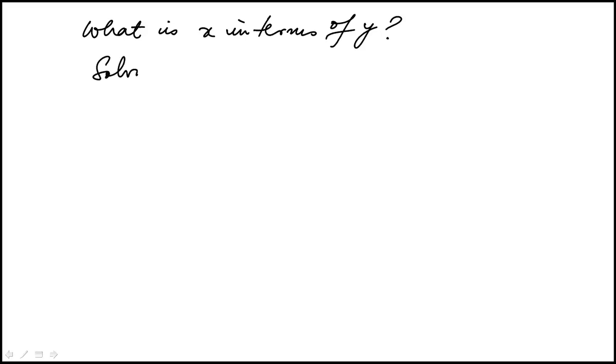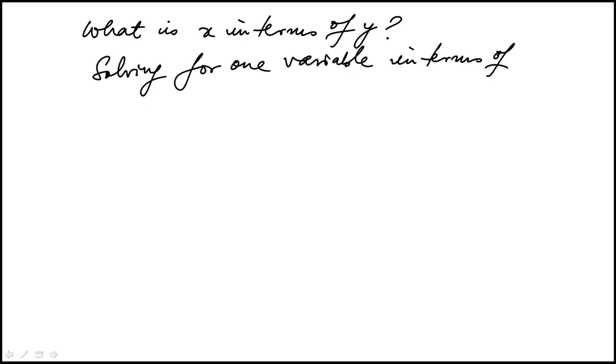The next concept is when you see a question like, what is x in terms of y? So this type of phrase is pretty common, and this basically means solving for one variable in terms of the other. And all that means is that you express or you isolate one of the unknowns, would be x, and then on the other side you get an expression that has terms with y in it.